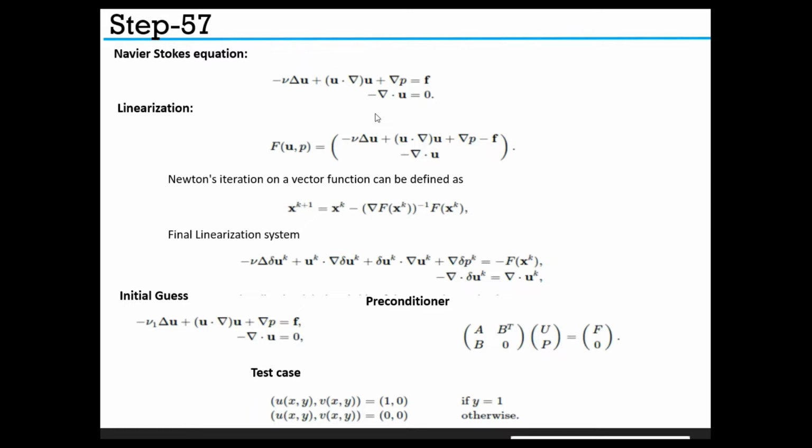Unlike the Stokes equation, which is also demonstrated in step 22, in that case the convective term was U dot del U. So the first step of computing the numerical solution is to linearize the system, and this will be done using Newton's method.